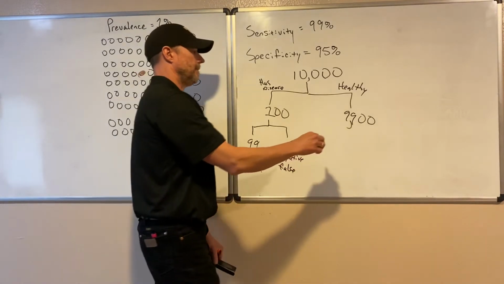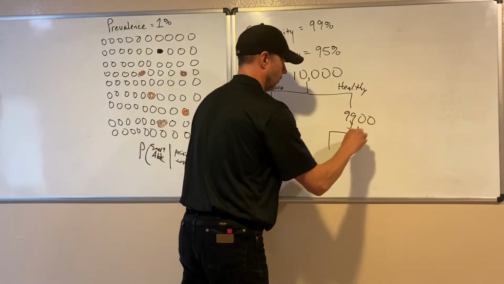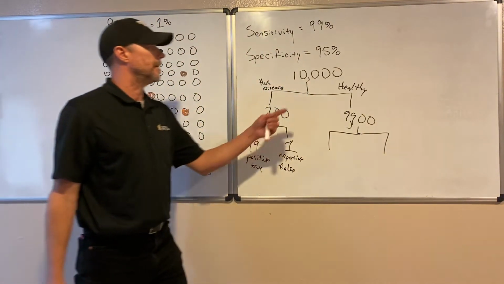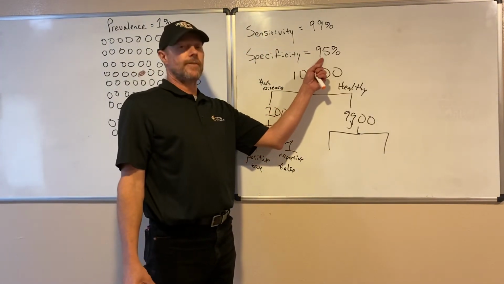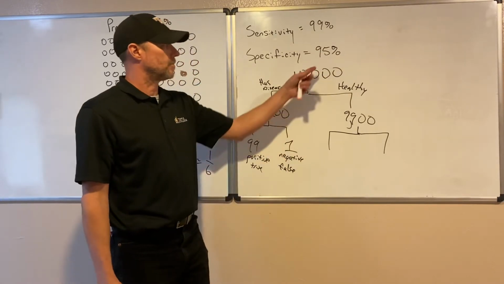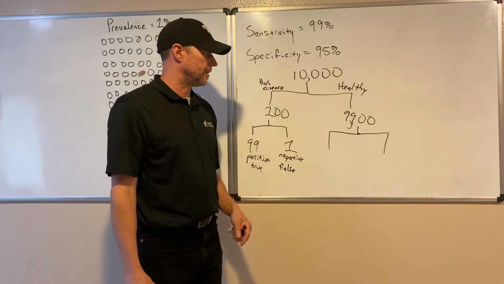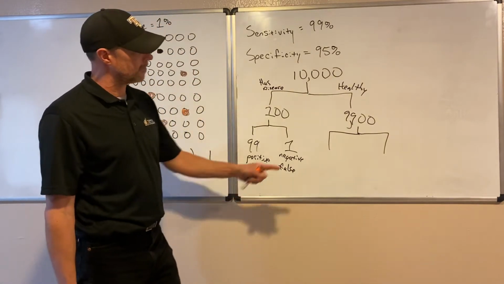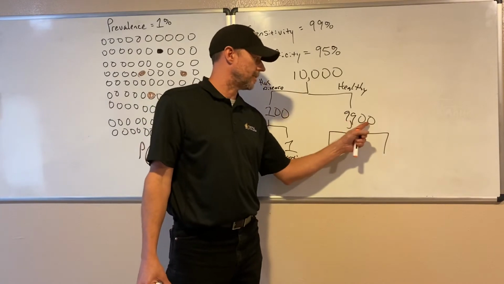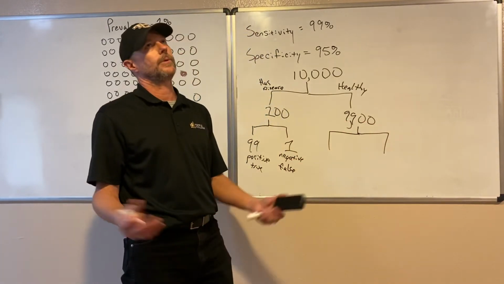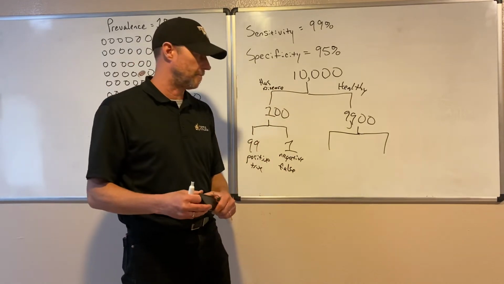Now, out of these 9,900 people, it gets it right 95% of the time. It gets it wrong 5% of the time. Let's do the wrong first. That'll be easier. So let's see, what is 10% of this? 10% of this would be 990, so 5% of that will be, oh my gosh, I have to divide by 2.